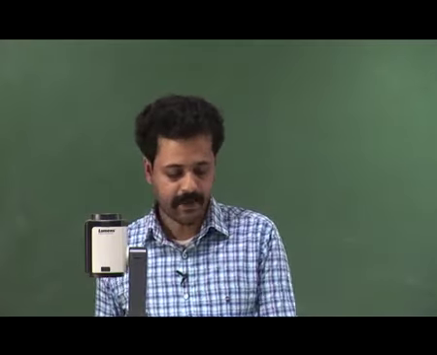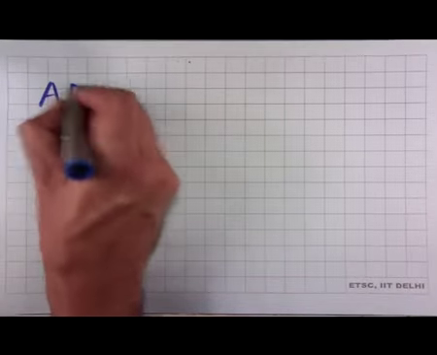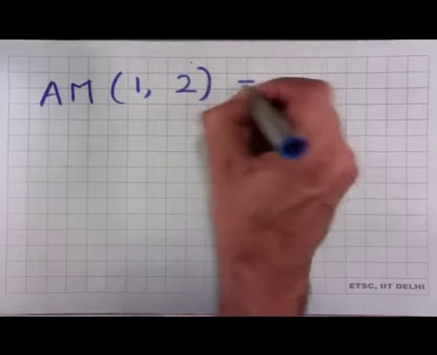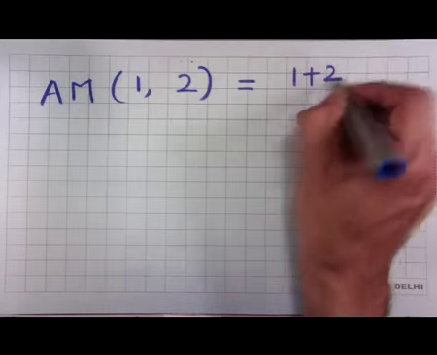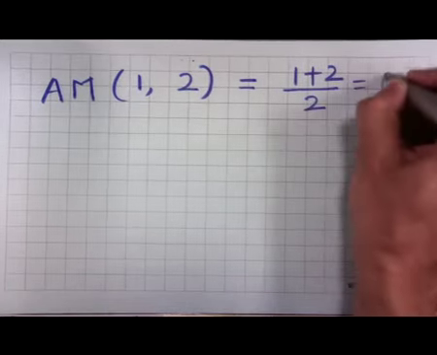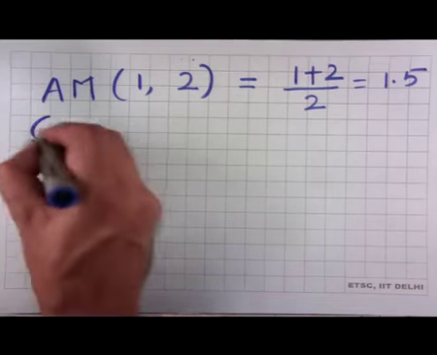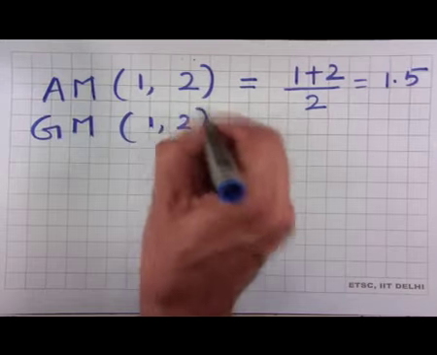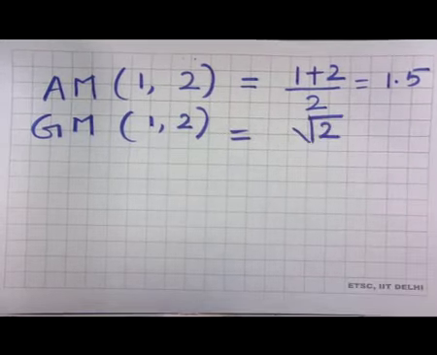Let us see a few instances. Arithmetic mean of the numbers 1 and 2 is 1 plus 2 divided by 2, which is 1.5, and geometric mean of 1 and 2 is square root of 2.